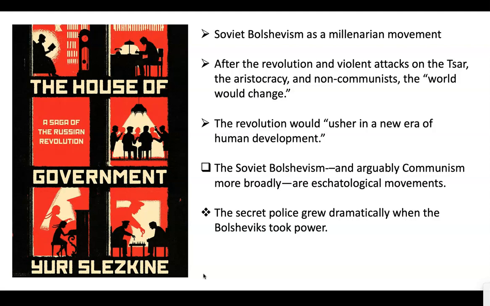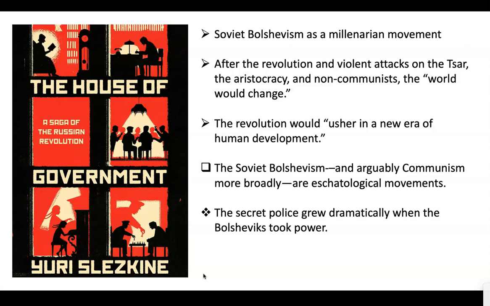So this book actually argues that the Soviet Bolshevik movement, which was the communist movement, was basically a millenarian movement. They thought that once there would be the successful revolution, the overthrow of the monarchy, the world would change and you would have this new perfect communist society.